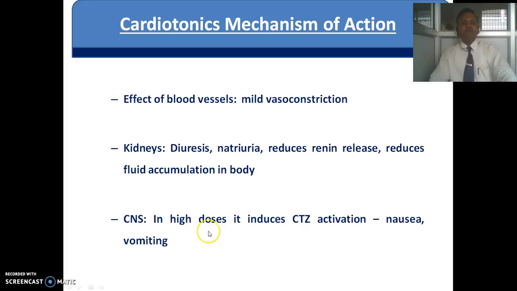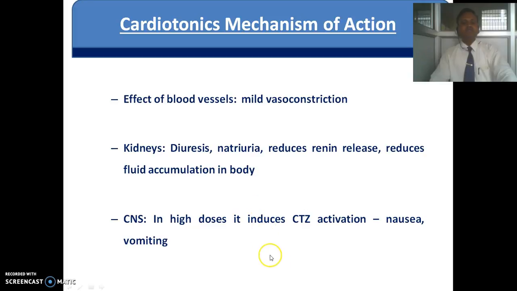One important action of cardiotonics is also activation of the CTZ, chemoreceptor trigger zone, in the brain, and because of this activation, the person consuming digitalis glycoside may suffer from vomiting and nausea. So this is how cardiotonics exert their action on the failing heart, and apart from that, they have multiple actions on our whole body system.